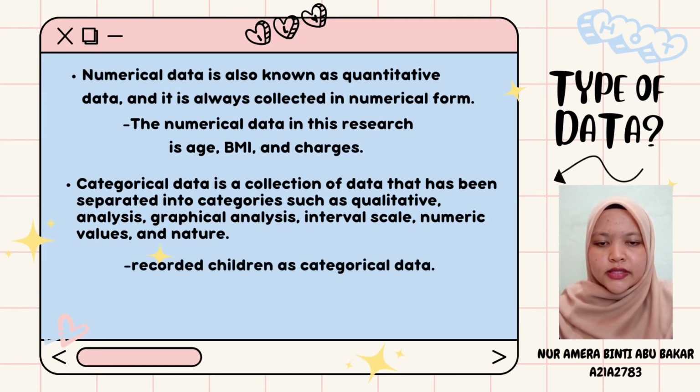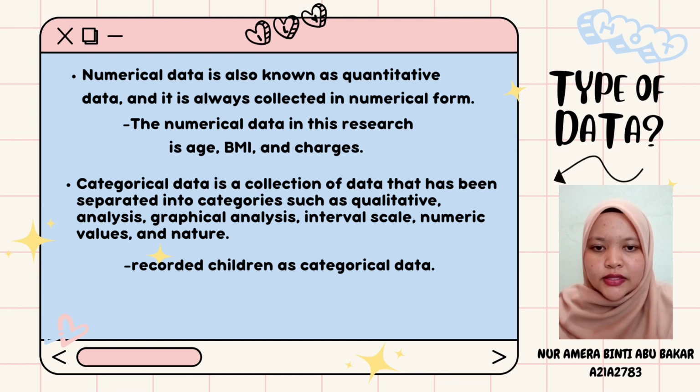This research has two types of data. The first is numerical data. Numerical data is also known as quantitative data, and it is always collected in numerical form. So, the numerical data in this research is age, BMI, and charge. Second, categorical data.